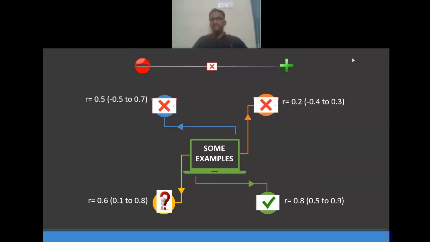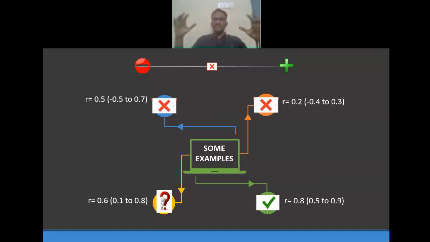In the same way, take an example where the R value is 0.2, which is a low degree of correlation. If the confidence interval changes from minus to plus, then again we can say for sure the p-value would be non-significant.